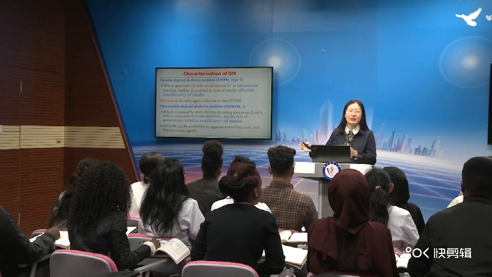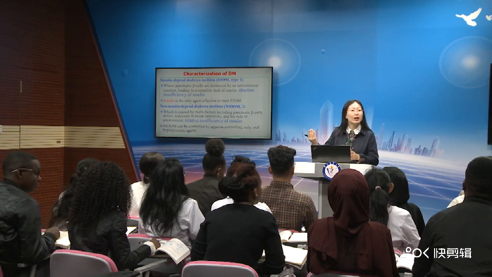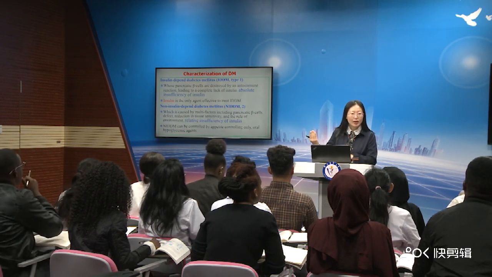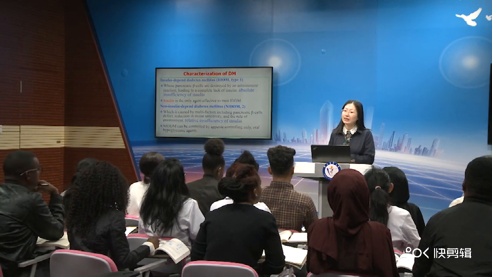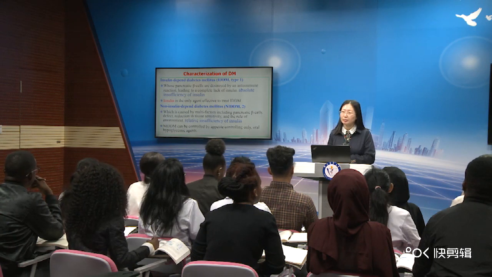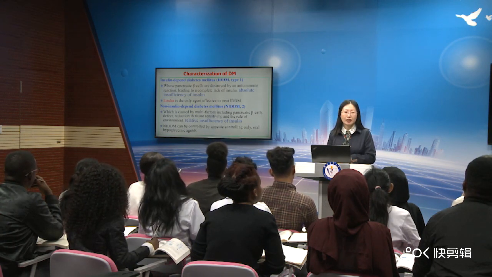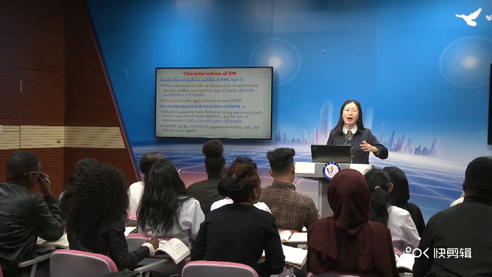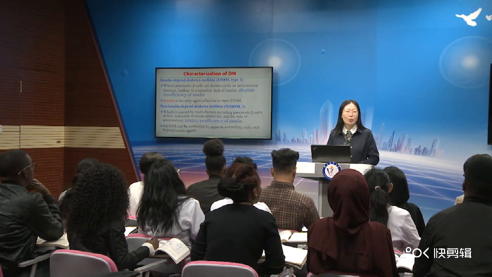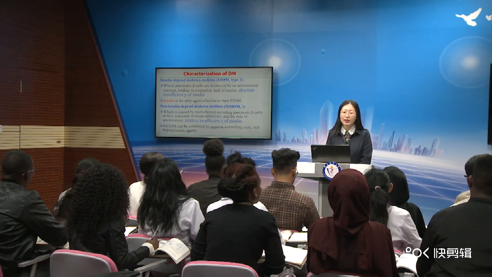So several years later, their glucose level will increase again. That means we have to give drugs. So we give them oral hypoglycemic drugs. And some patients later will have complications or other diseases. So at last, we will give them insulin.